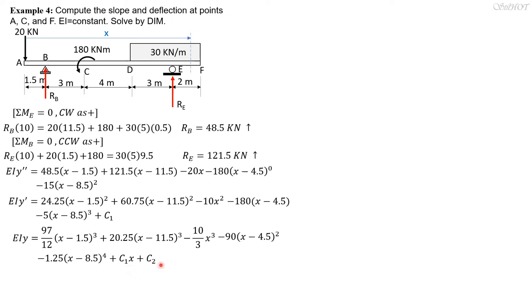Both c sub 1 and c sub 2 have values because A is not at the support. Remember, c sub 1 is the slope at A, and c sub 2 is the deflection at A. Let's call these equation 1, equation 2, then equation 3.